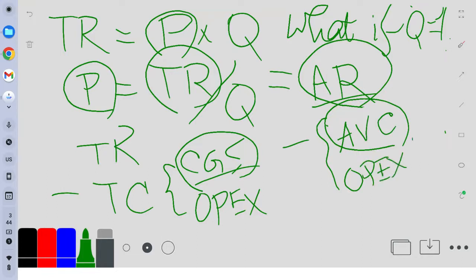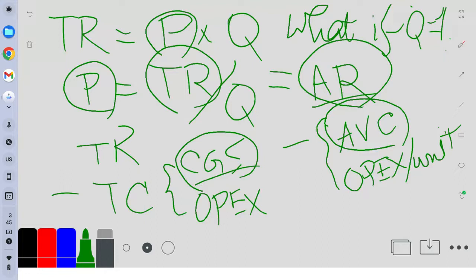And then there is operating expense per unit, in other words, fixed cost per unit, right?